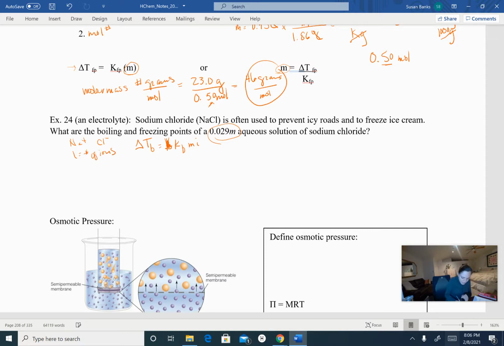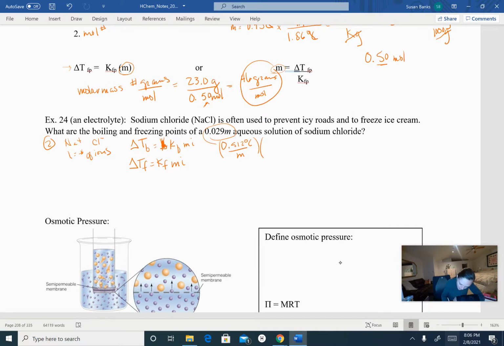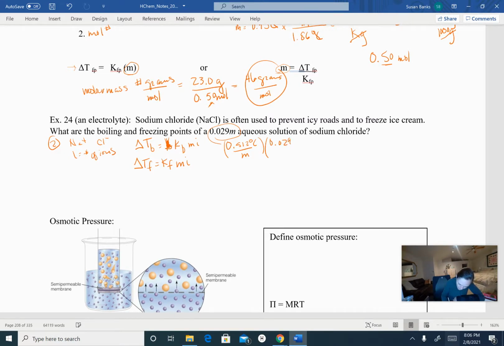So for sodium chloride, we would get 2 ions here. The freezing point change would also be the freezing point constant multiplied by the molality multiplied by i. Okay, so here we go. Our boiling point constant of water, if you remember, was 0.512 degrees Celsius per molal, and we have a 0.029 molal solution, and we have 2 ions.